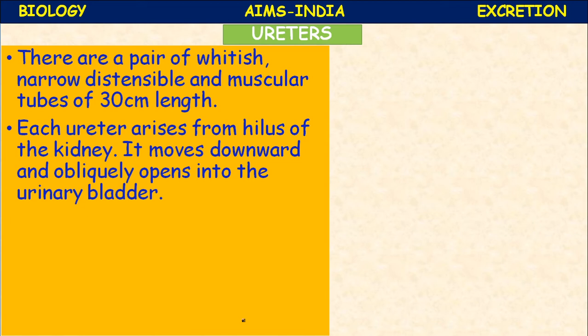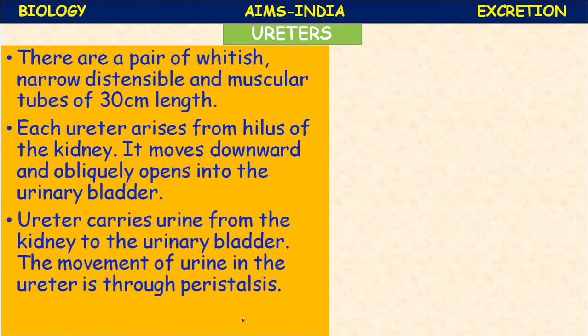It moves downward and obliquely opens into the urinary bladder. The ureter carries urine from the kidney to the urinary bladder. The movement of urine in the ureter is the same as the movement of food in the esophagus. Peristalsis movement, wave-like movement.